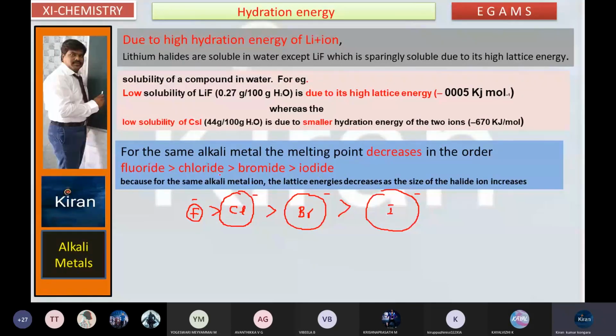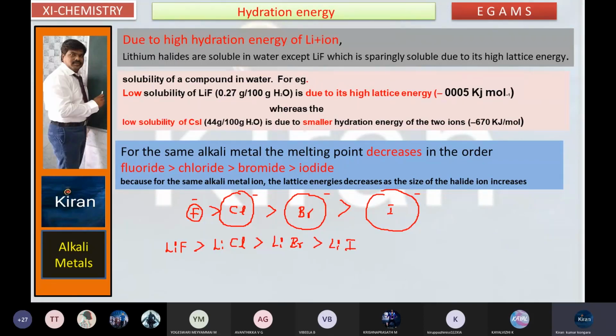For the same alkali metal ion, the lattice energy decreases as the size of the halide increases. For example, you can take lithium chloride is greater than lithium bromide is greater than lithium iodide.